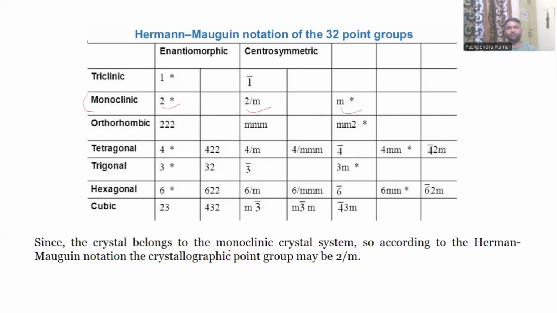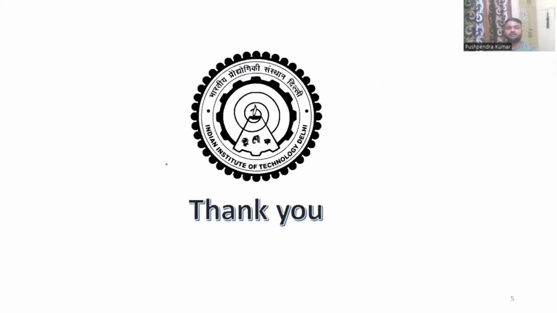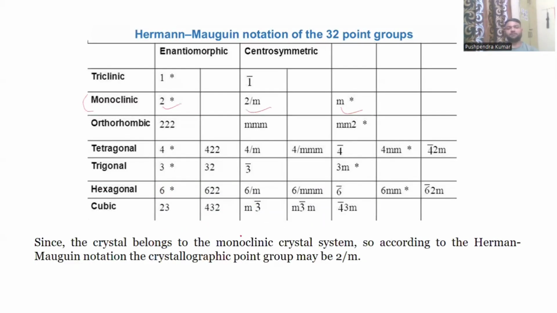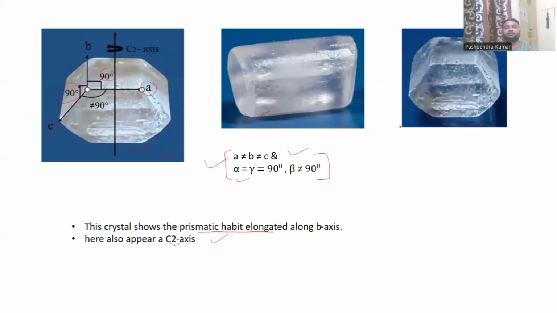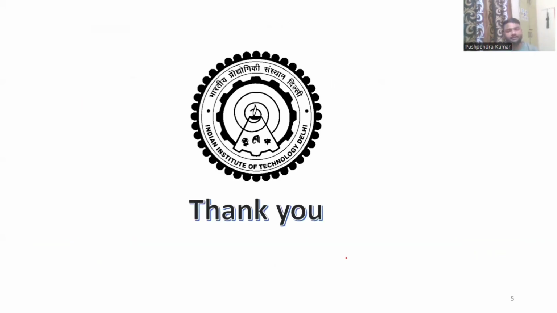Since there is a two-fold axis of rotation and there is also a mirror plane, this crystal corresponds to the 2/m crystallographic point group. So the point group of the crystal given in the class is 2/m, and this crystal corresponds to the monoclinic system. So thank you. That is all about the crystal.